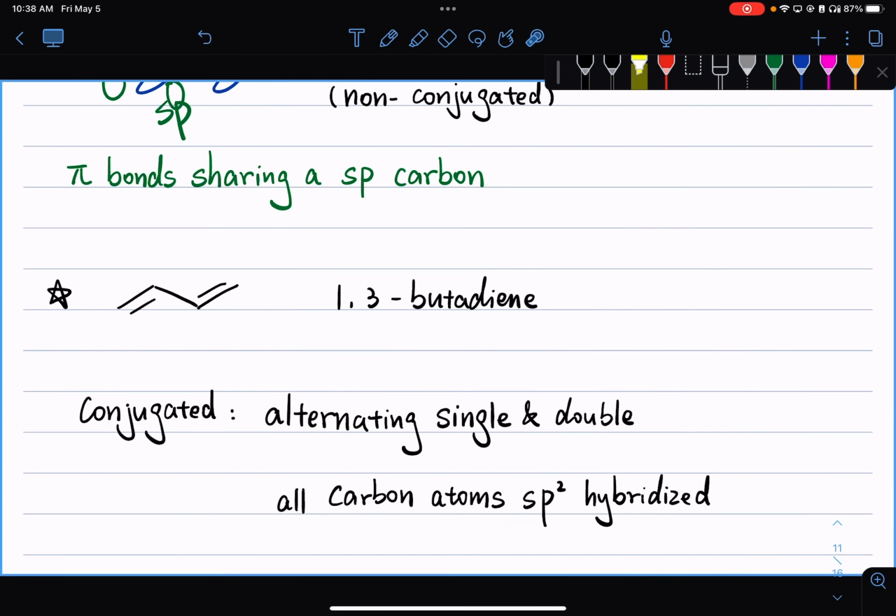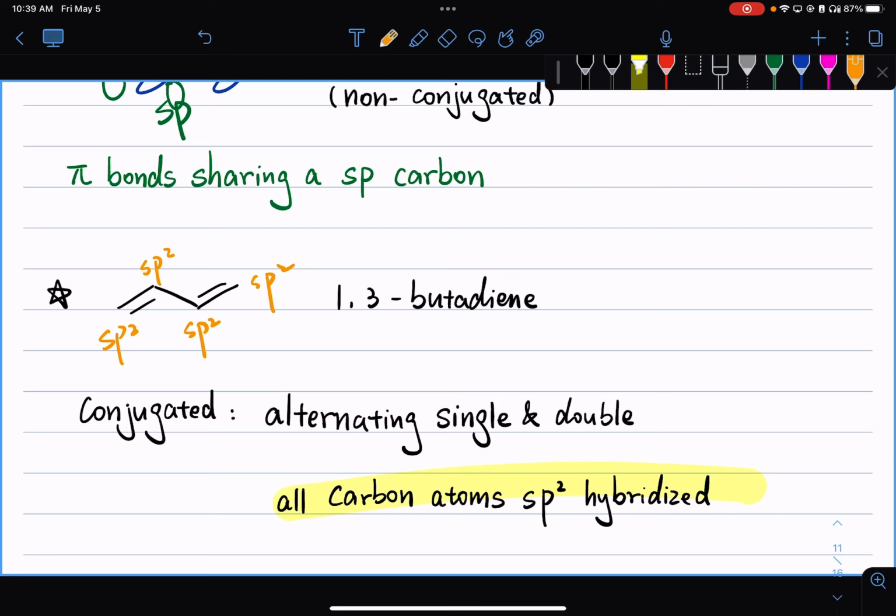And our leading character here is the conjugated diene. Whenever we have a conjugated diene, 1,3-butadiene is the most straightforward example. What we have is just alternating single and double bonds, and all carbon atoms are sp2 hybridized. All right, so again, this is just a quick reminder of why we care about hybridization and why you need to know how to quickly assign hybridization to carbon atoms.